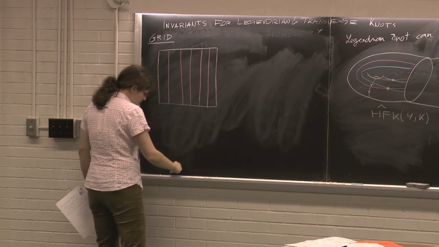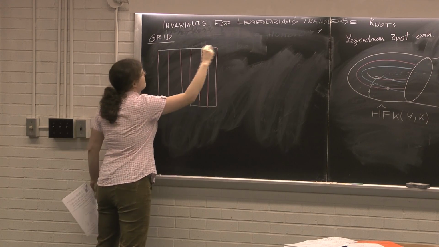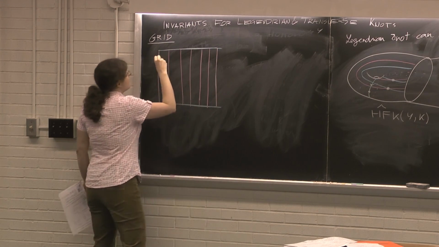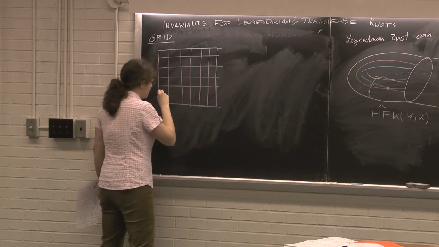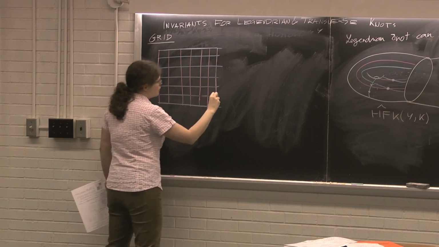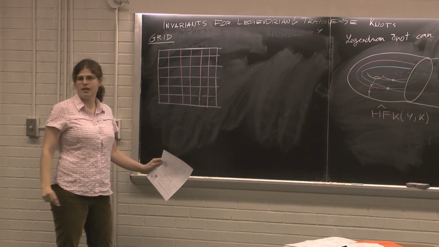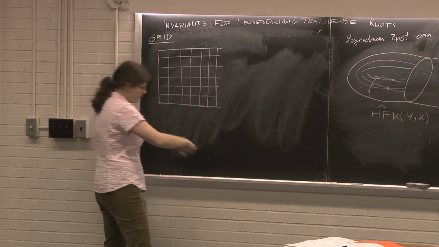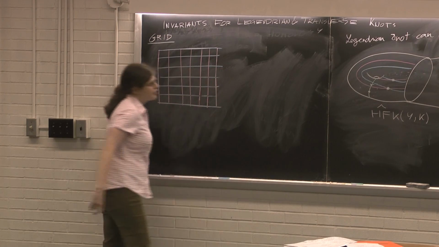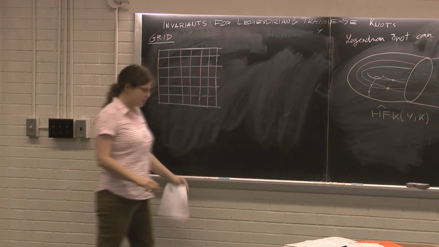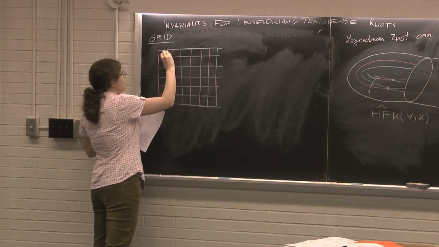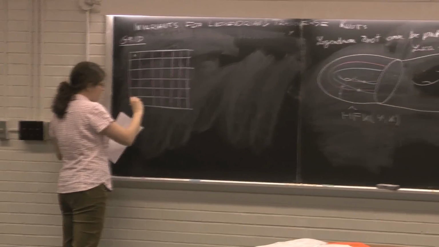And then you have the same number of blue curves. This describes your S3, and then the knot is described by these base points, here and here.